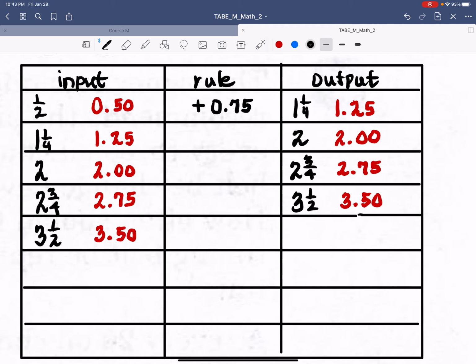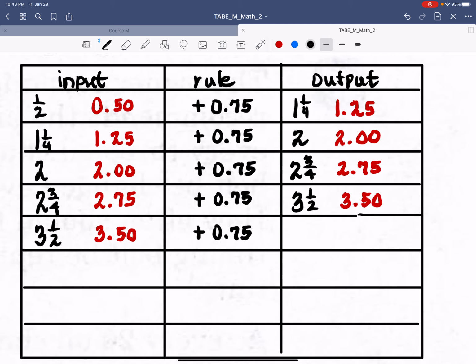So let's see if this works all the way. $1.25 plus 3 more quarters is $2. $2 plus 3 quarters is $2.75. $2.75 plus 75 cents is $3.50. $3.50 plus 75 cents.